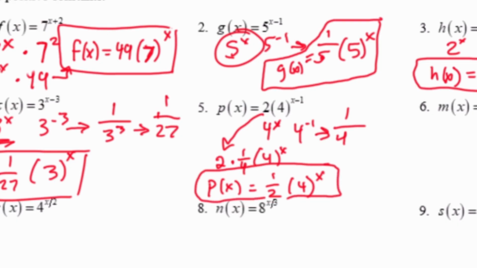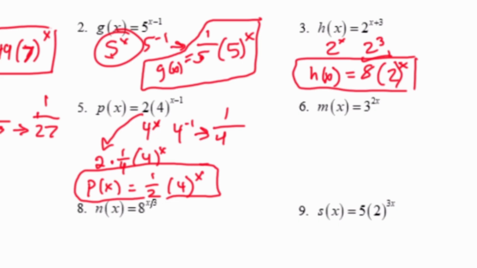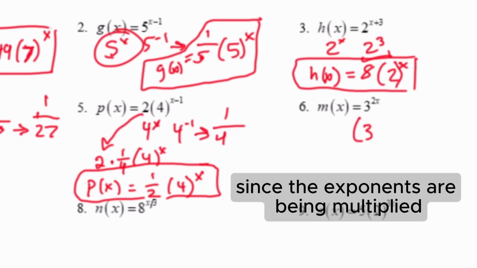Alright, and so number 6, there's a number coefficient in front of the variable. Because it's still being raised to the power, or it's raising 3 to the power of 2, we can simply put that number on the inside because we know its value and because it's being multiplied.